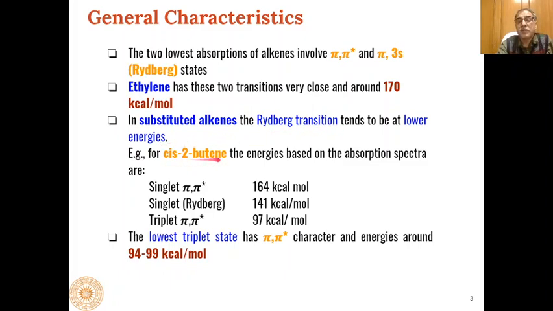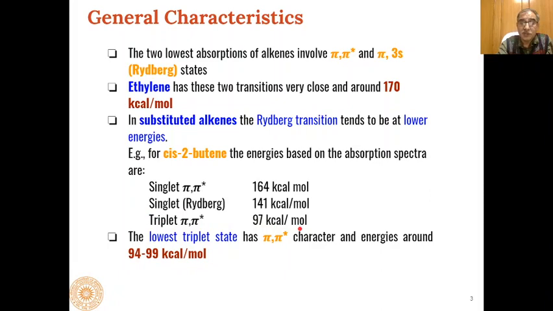For example, in the case of cis-butene, these are the values for the three transitions. The singlet pi to pi star transition requires 164 kilocalories per mole of energy. Then the singlet Rydberg transition requires 141 kilocalories per mole, whereas the triplet pi to pi star transition requires 97 kilocalories per mole.